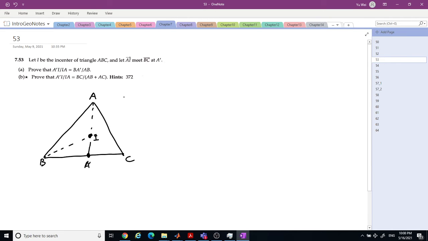For the incenter, there is an angle bisector, right? So there is the angle bisector theorem. The angle bisector theorem is easy to calculate using area. It's triangle ABC, and this is the angle bisector AD.